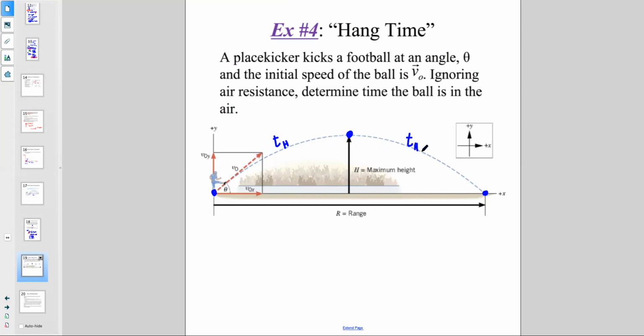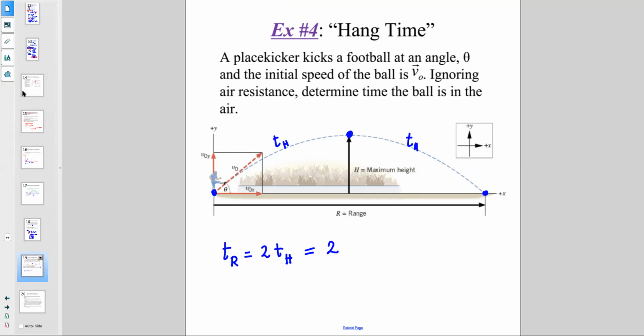In other words, the time that it requires for the ball to start from there, go all the way up and then come back down is double the time of the maximum height point, or point h. It is actually h, not a. It looks like a, but it's h, okay? So what we have is 2 times the time that it requires for this object to get to the top.